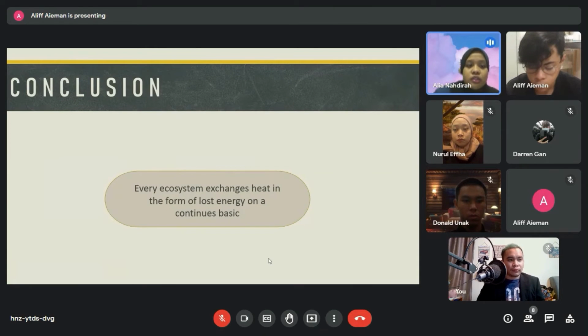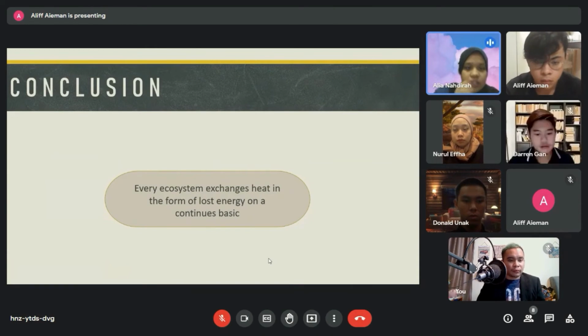Every ecosystem exchanges heat in the form of lost energy on a continuous basis. Thermal energy utilization in industrial and practical activity has resulted in outstanding energy-saving technologies that are applied on a daily basis. That's all for me. I will pass to the next presenter.